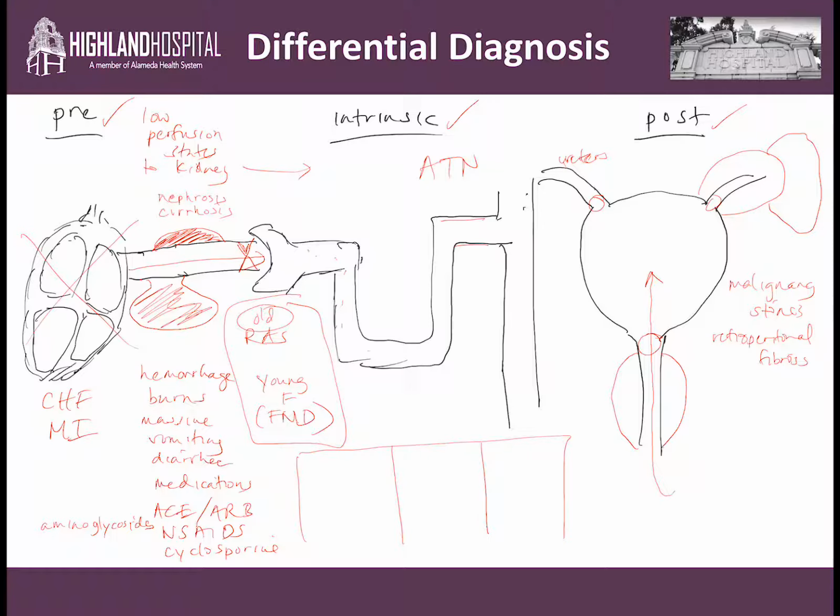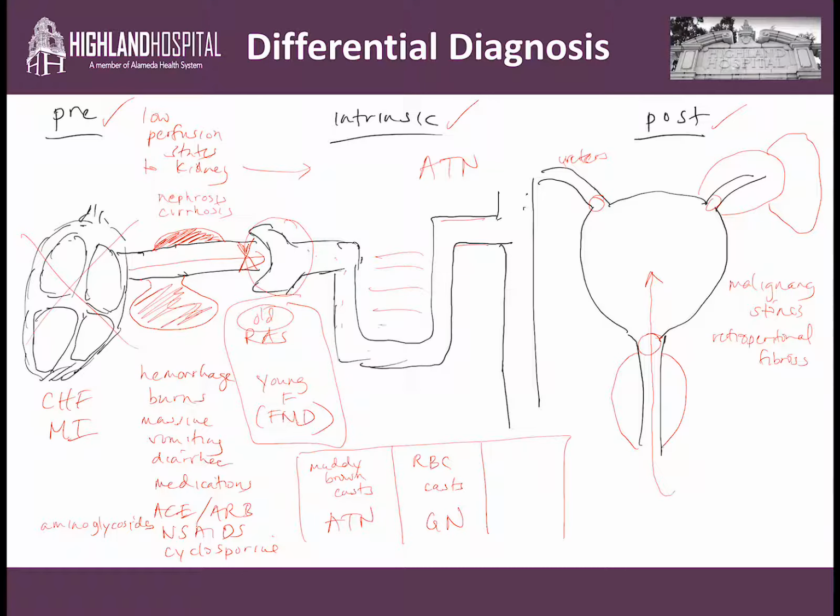So we're going to look at the urinary sediment. If the actual tubules get damaged, you're going to get muddy brown casts. And that's what you get in ATN. If you damage the glomerulus here, you're going to get RBC casts, and you're going to get glomerulonephritis.